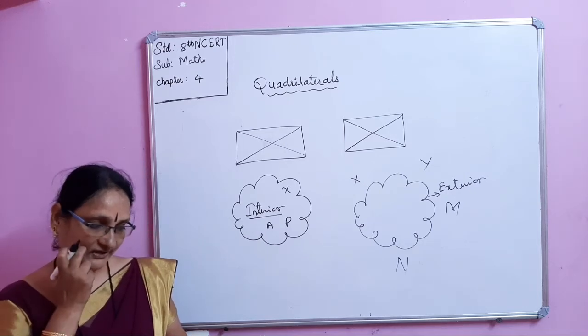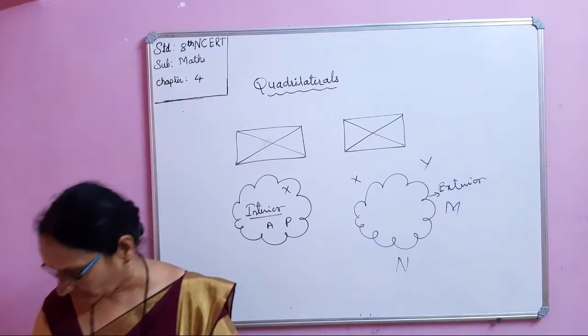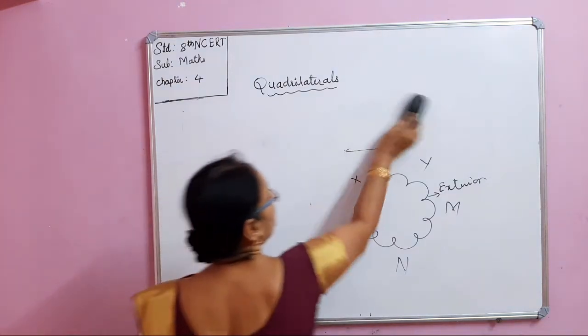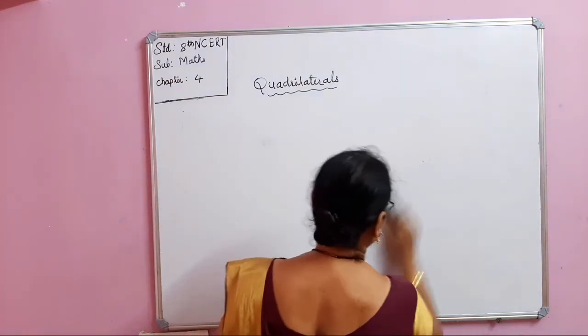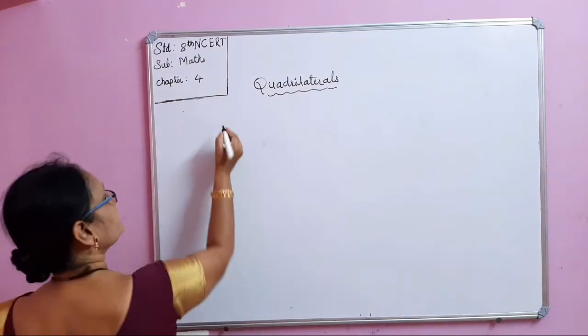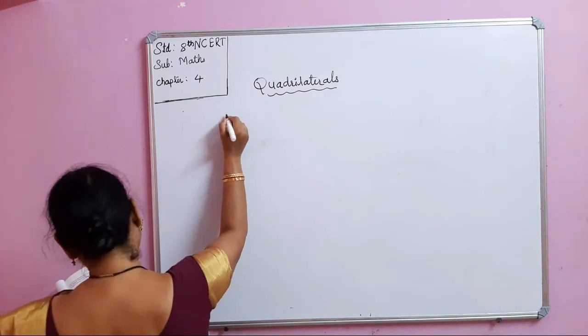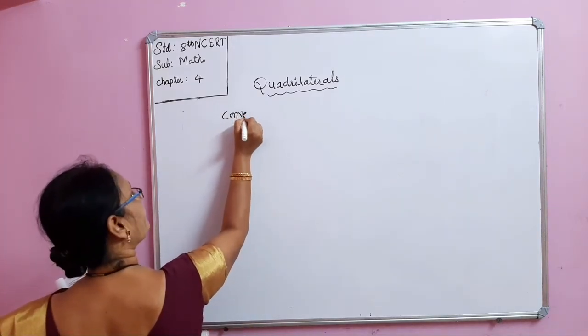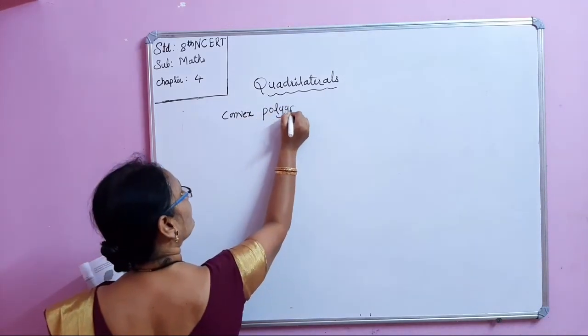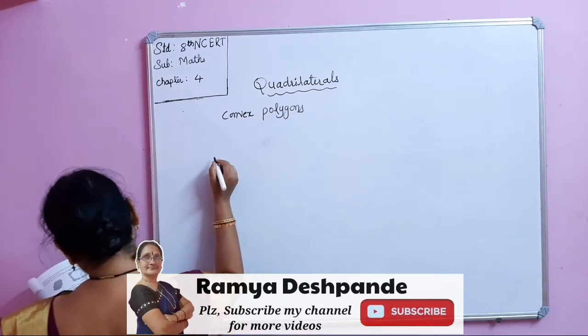Next come convex and concave polygons. What are those convex and concave polygons? We'll see now. See, convex polygons. What are the convex polygons?